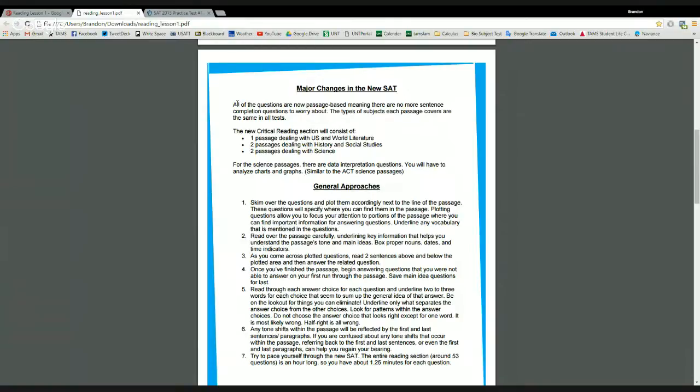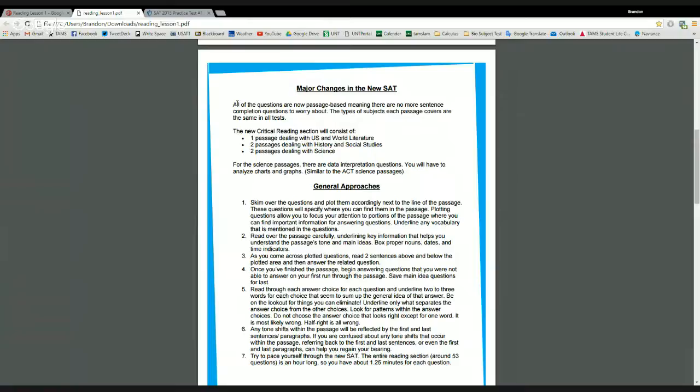Now, for the science passages, these will most likely be data interpretation questions, and they'll have you analyze a chart or graph. And that's similar to the ACT science passages, if you've taken the ACT, just for some background information.